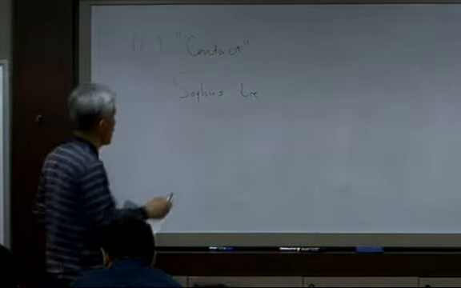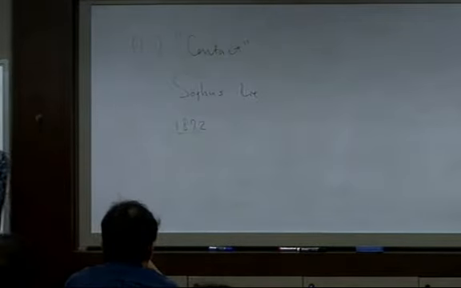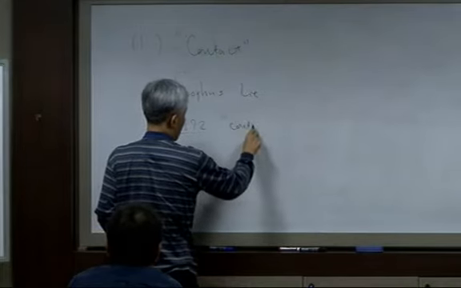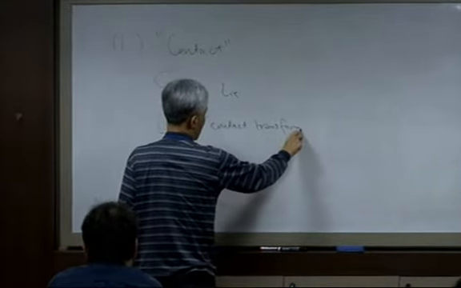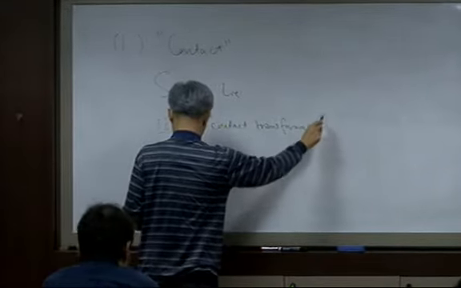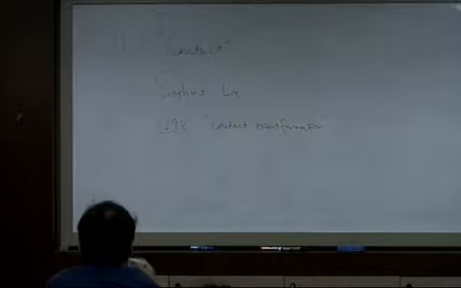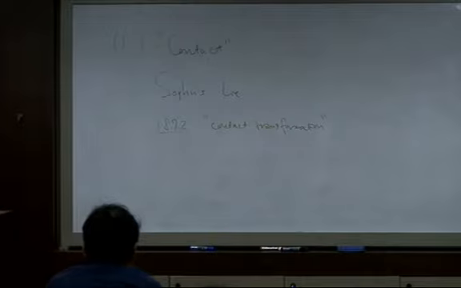In his paper of 1872, I could not remember the title, he introduced the notion of contact transformation, as a geometric tool to study systems of differential equations. I'll give a simple description of contact transformation by using the so-called Huygens principle.